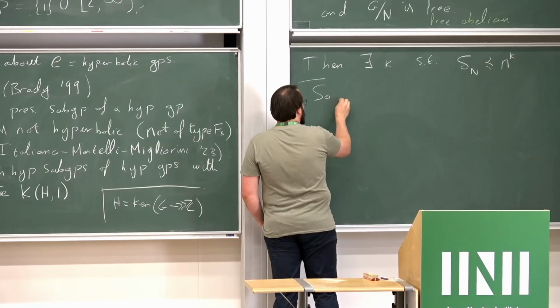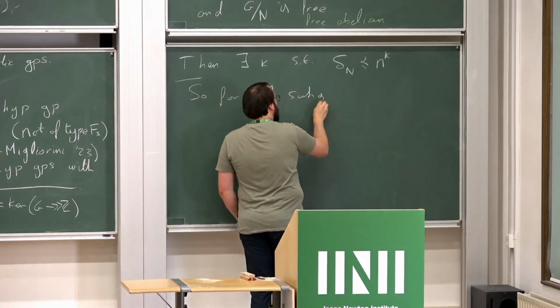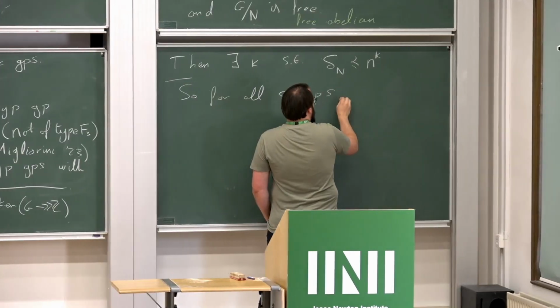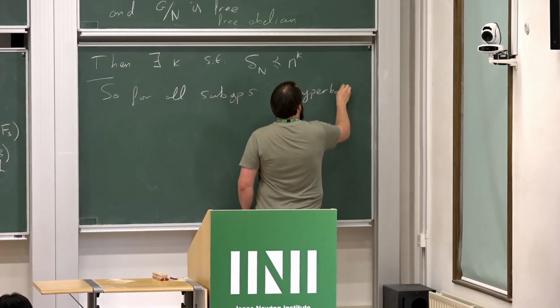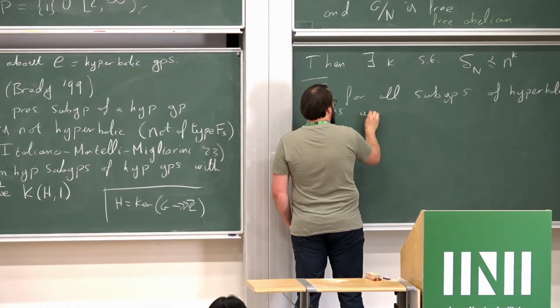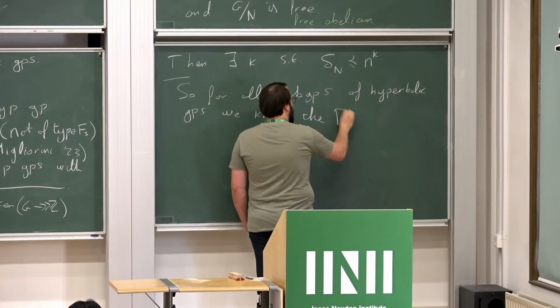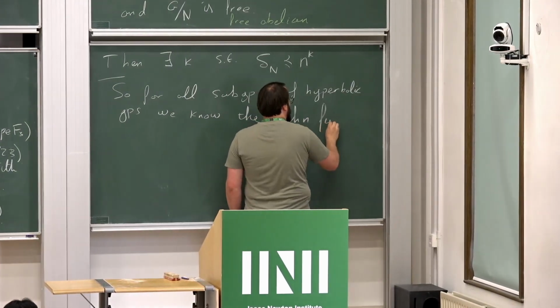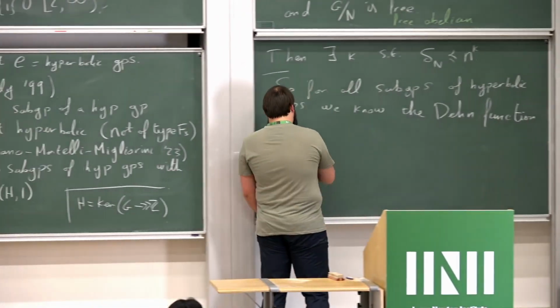Right? So for all the subgroups we know, subgroups of hyperbolic groups, the Dehn function is polynomially bounded.